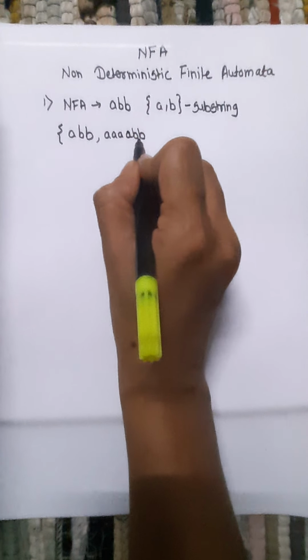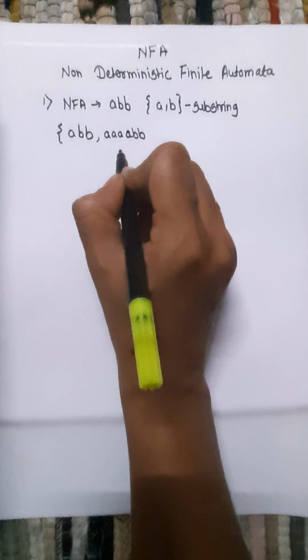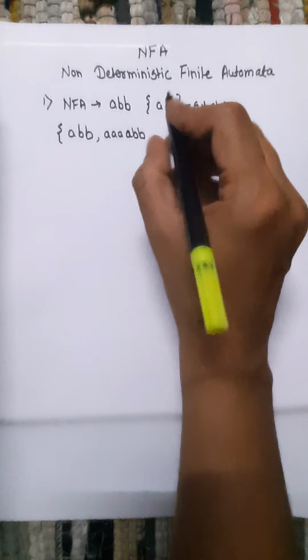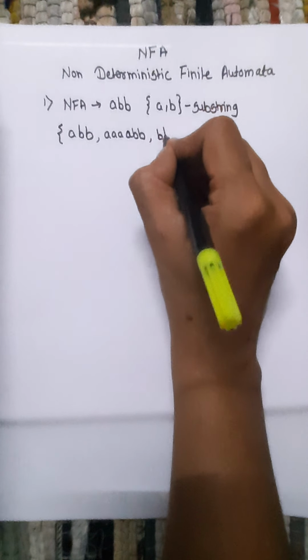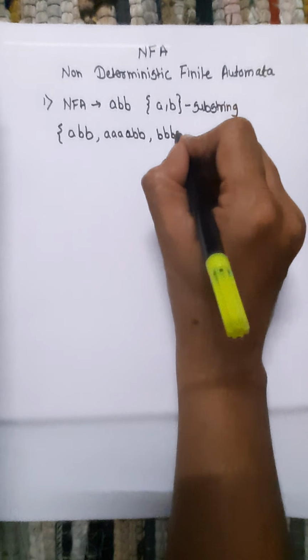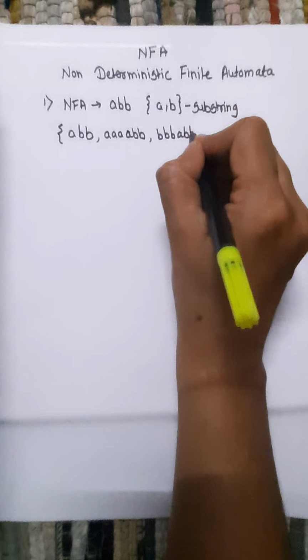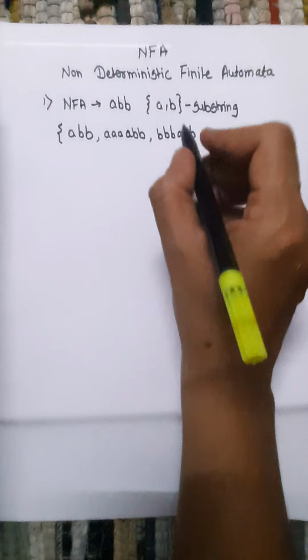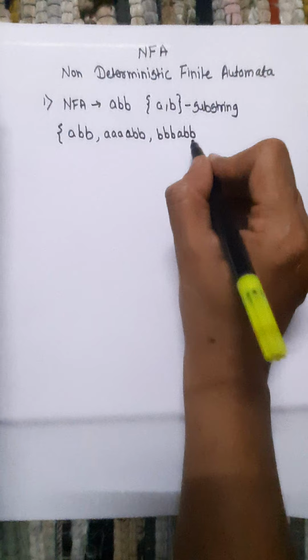So in this full string ABB is a substring. It might also start with multiple B's and then end with ABB. So in this string again ABB is a substring.